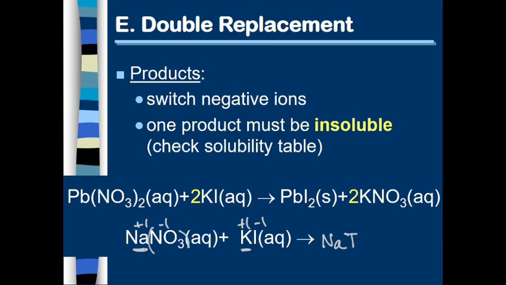So sodium is now paired up with the iodide, and potassium is with the nitrate. But if you were to look at your solubility rules, both of these are considered soluble. So they will dissolve in water, so you will not actually get a precipitate or a solid that is formed in this reaction, and in that case, that would be a no reaction. You will get lots of practice with these 5 types of reactions and balancing them.